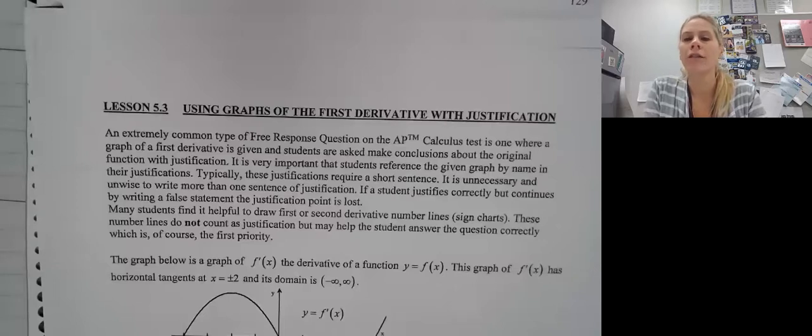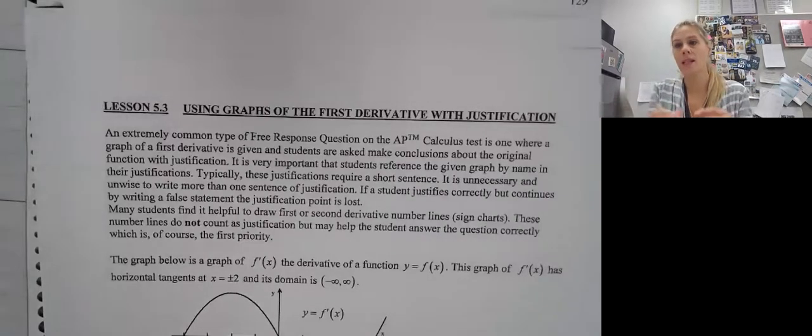Typically, these justifications require a short sentence. It is unnecessary and unwise to write more than one sentence for justification. If a student justifies correctly, but continues to write a false statement, the justification point is now lost. Okay, so we're going to learn how to condense what we're saying correctly to keep that point, okay?